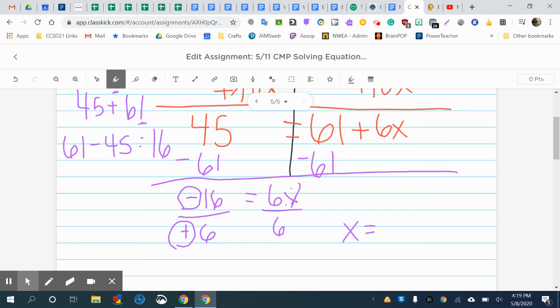This is going to be a decimal, so if you need to use a calculator, that is okay. X equals negative 2.6666666, and I'm going to round it to 2.7, so x equals negative 2.7, and I'm done.